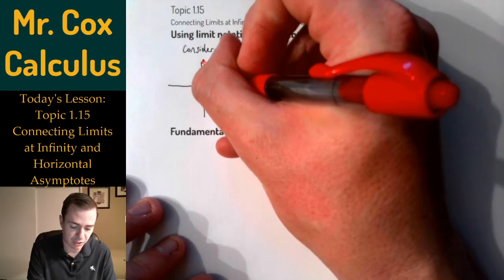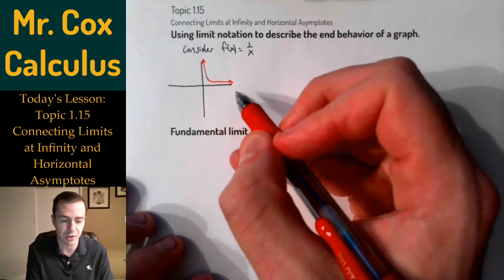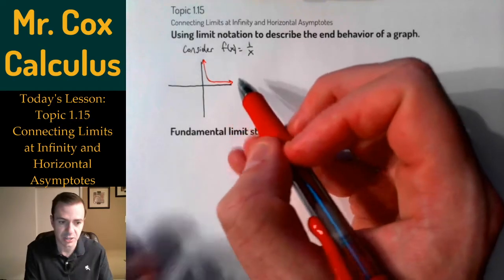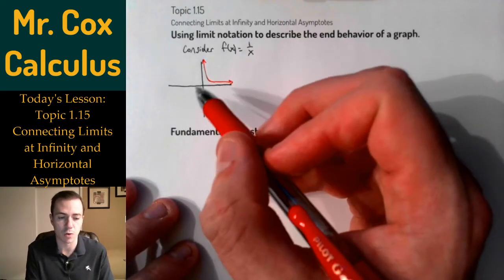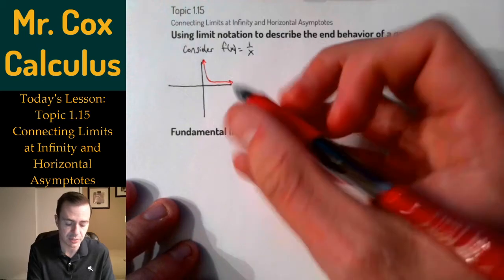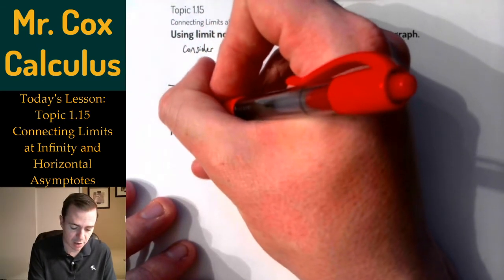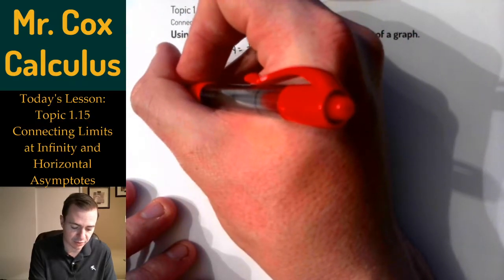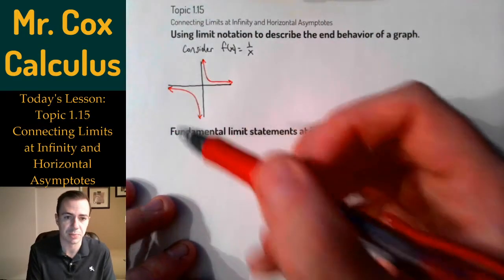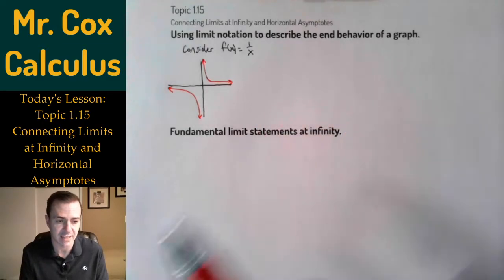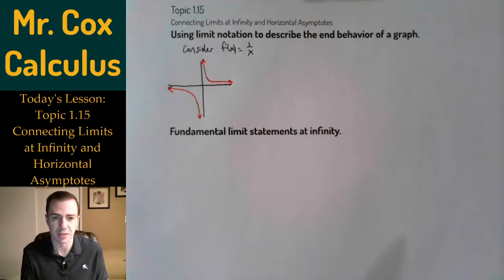And then my function kind of smooths out there as x is getting really large. Think about 1 over 10 and then 1 over 100. I get closer and closer to 0. And then I've got the same kind of behavior going on for x values that are negative, except because they're negative, it flips it over the x-axis.